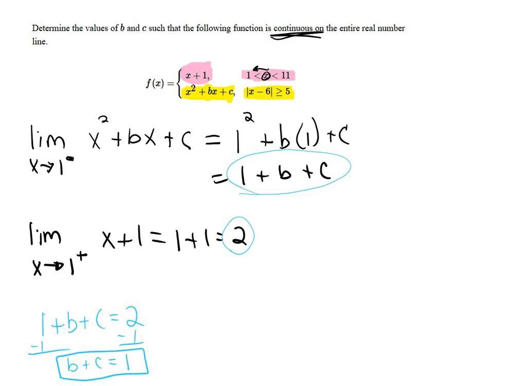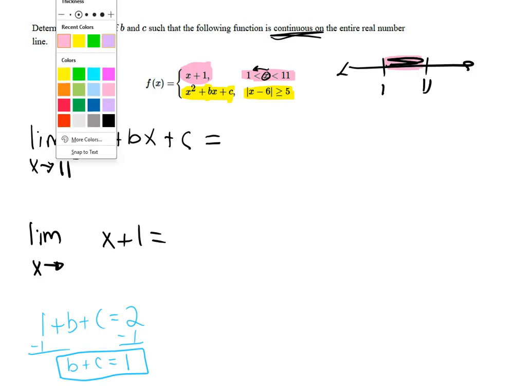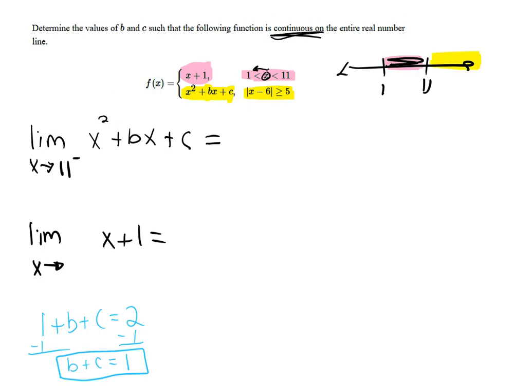All right, and to make this easy on myself, I'm just going to erase all this. And now we're going to approach 11 from the left. If you remember my number line, here was 1, here was 11. The pink was here, and the yellow was there.